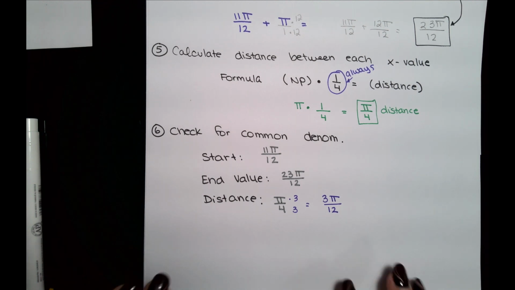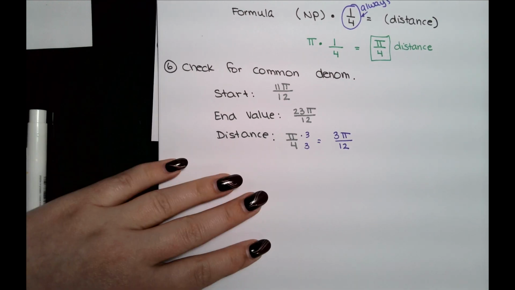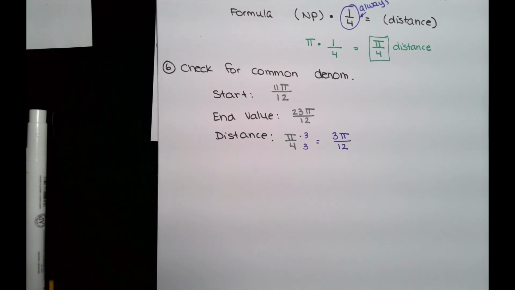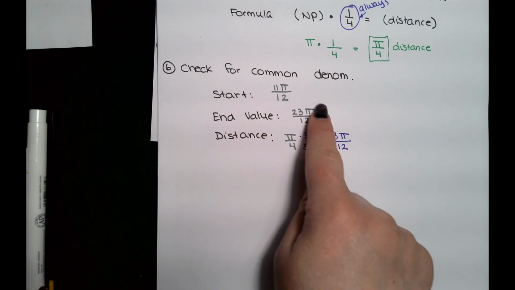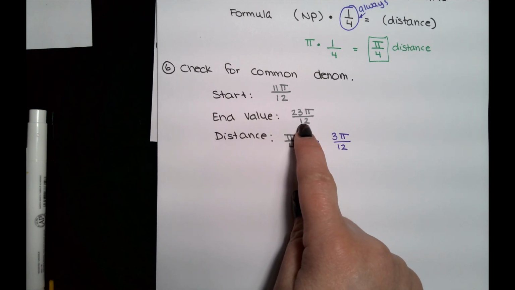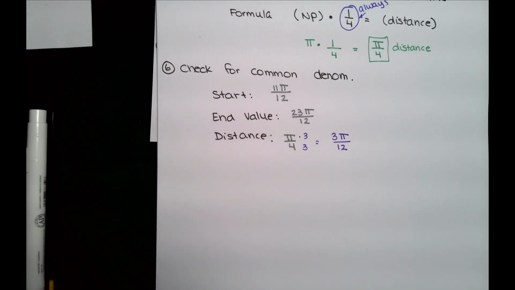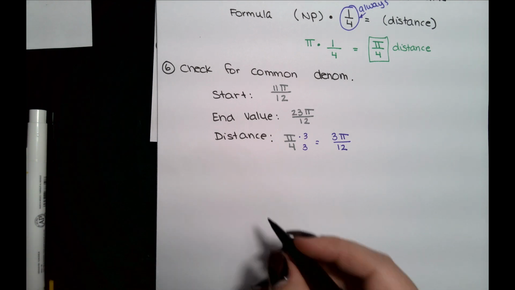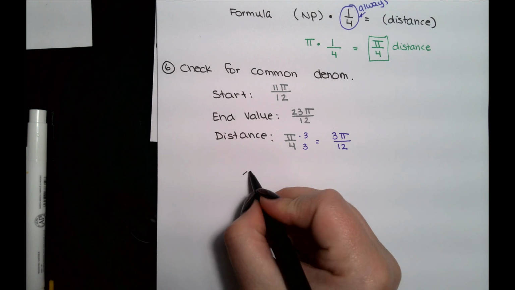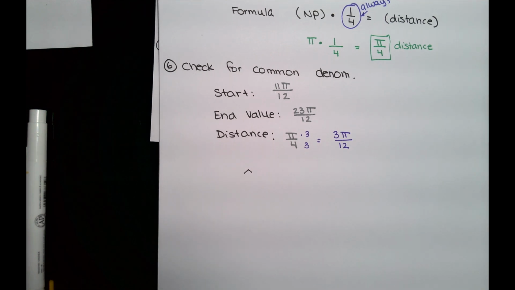Okay, I don't have that much space, but it's enough. I always want to take a look at these values. This is a positive value at 11 pi 12ths. This is a positive value, and distance is always going to be positive. Because of that, I'm not going to create space in my negative x values.